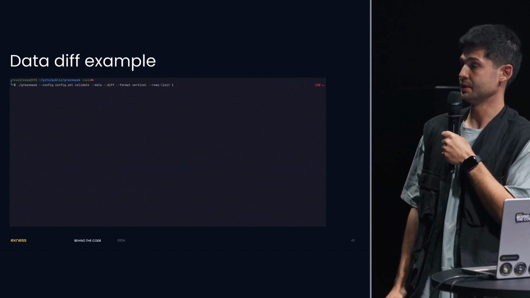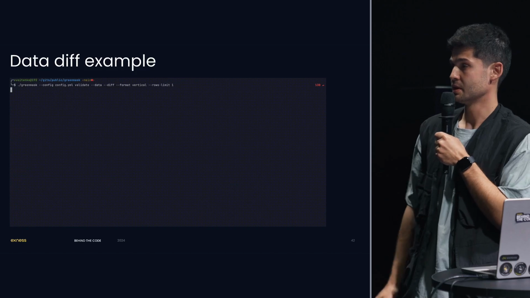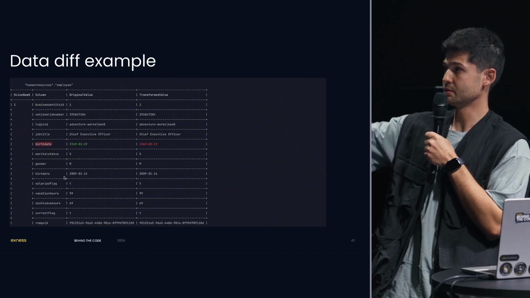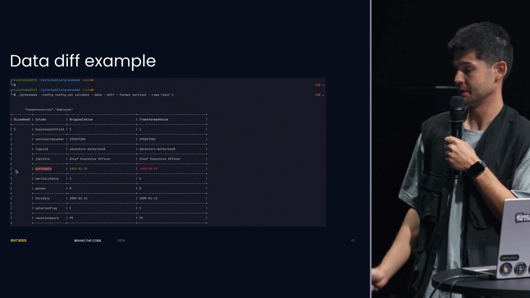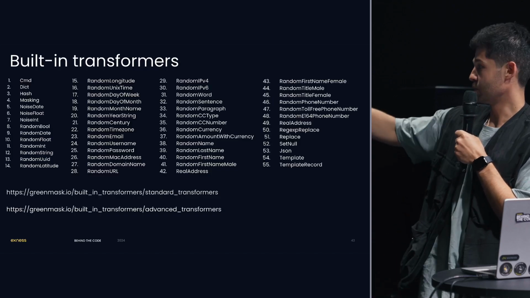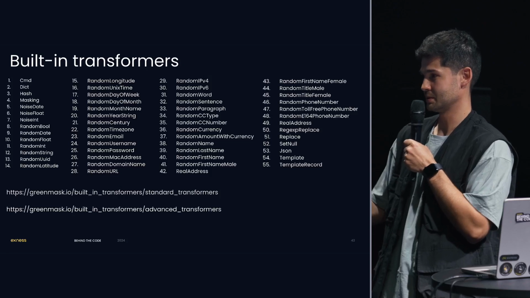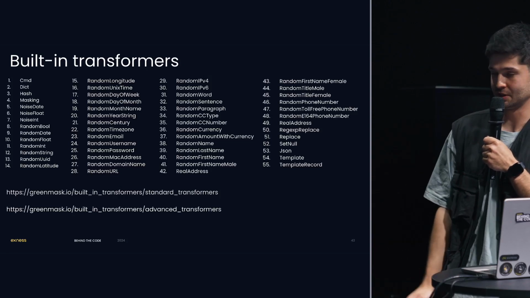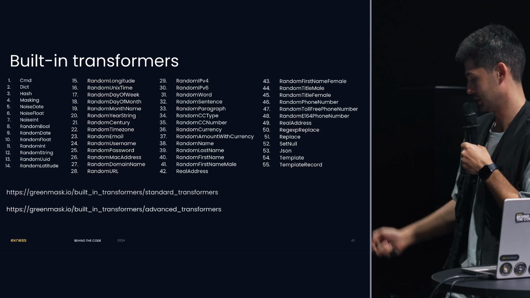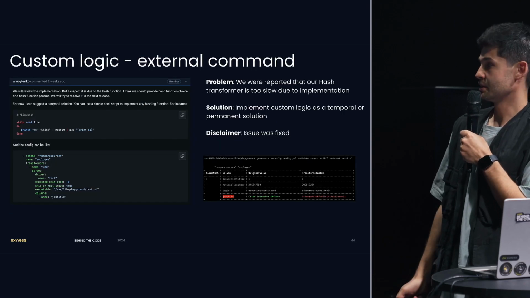By calling the validate command, we can see the differences between the original data and the transformed data. There is a list of transformers. I don't have enough time to go into it, but if you would like to see anything, you can just proceed through the links.